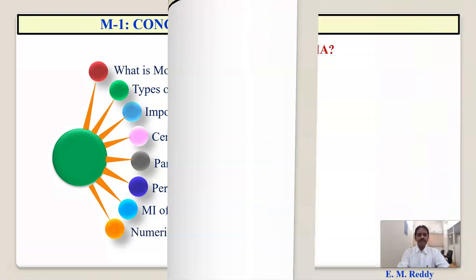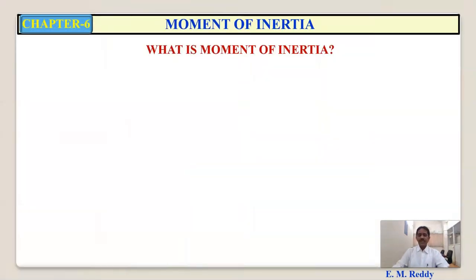Okay. Now, what is moment of inertia? See, here there are two words, moment and inertia. So, what is moment? What is the tendency of the moment? So, the moment tends to rotate the body.